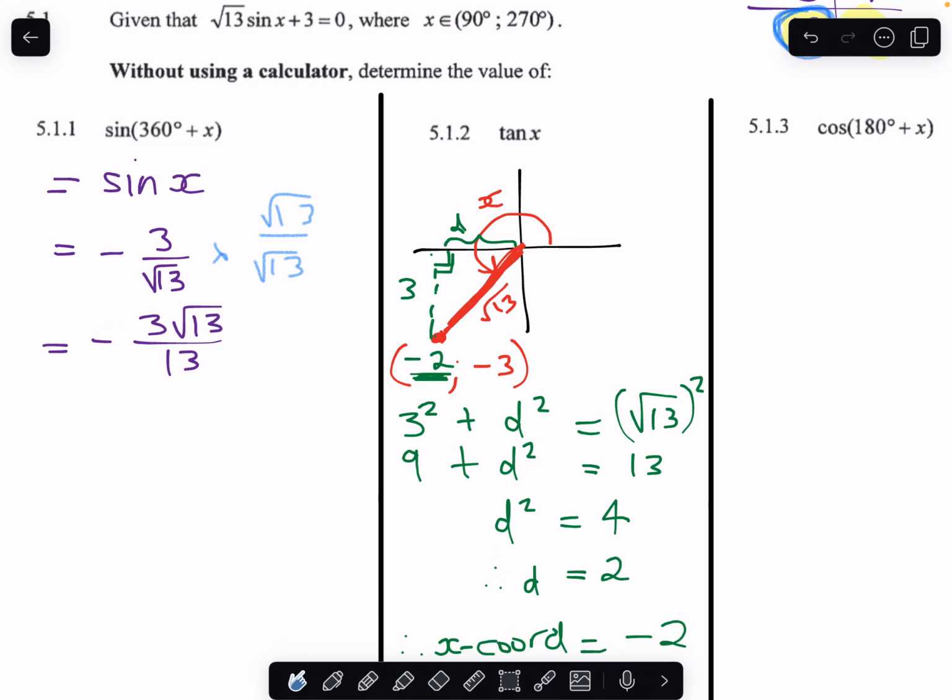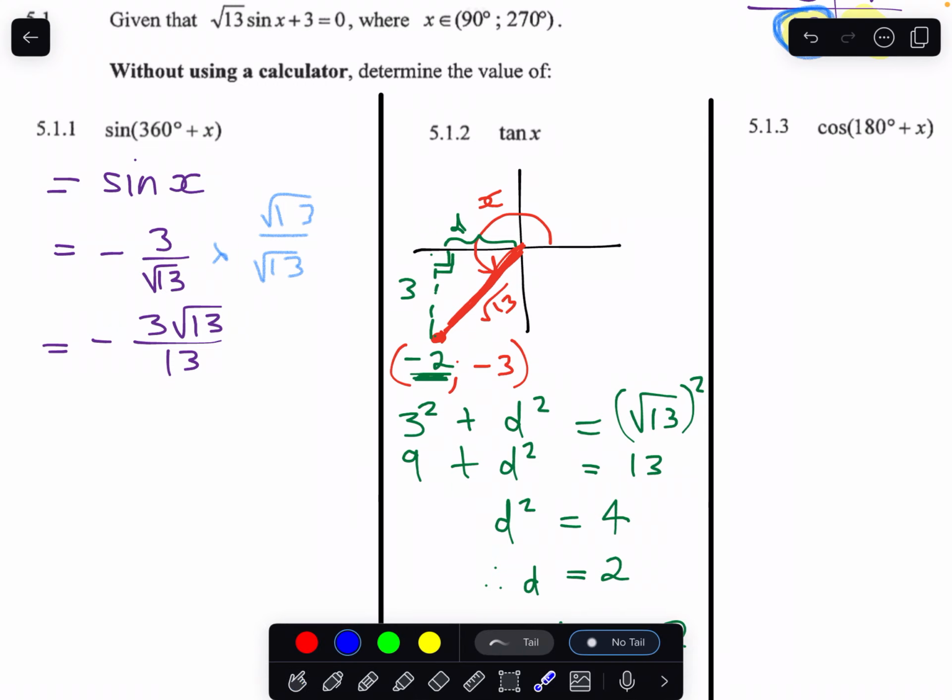And then the last one, we're asked to figure out the cosine ratio of 180 plus x. So we could kind of look at this using the diagram, right? So if you were to add 180 to this angle, you would end up back here, right?